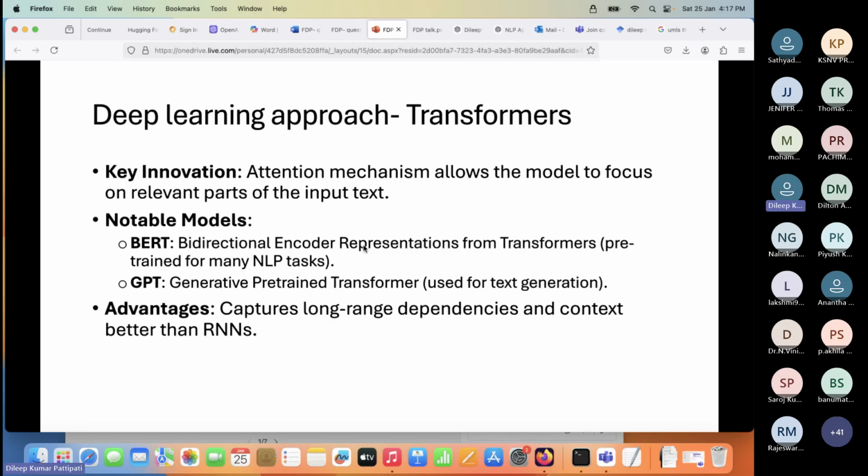When it comes to learning based approaches, currently the systems that are used are transformer based models. So you might have all heard: what is the paper that first introduced this transformer based approach? What is the title of that paper? Anybody?